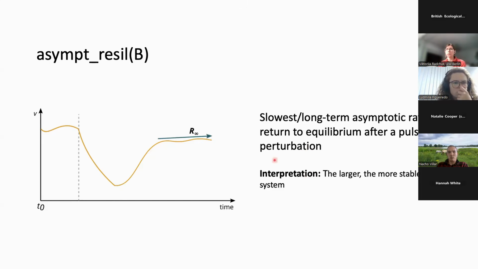We then have asymptotic resilience, which is the long-term asymptotic rate of return to equilibrium after a disturbance. Again, the larger its value, the more stable the system, but now we measure the response of long-term dynamics and not the short-term as we do with initial resilience.